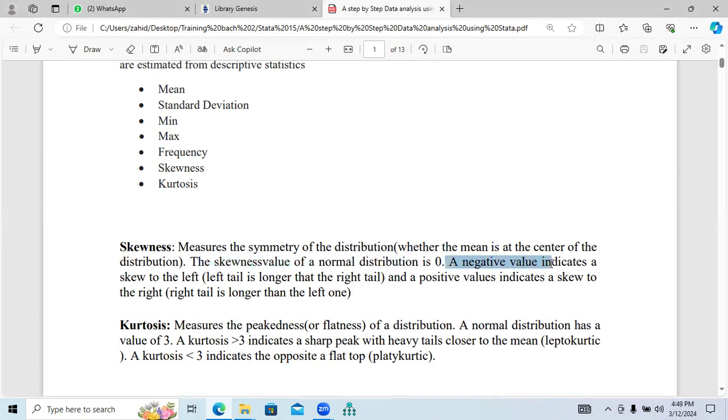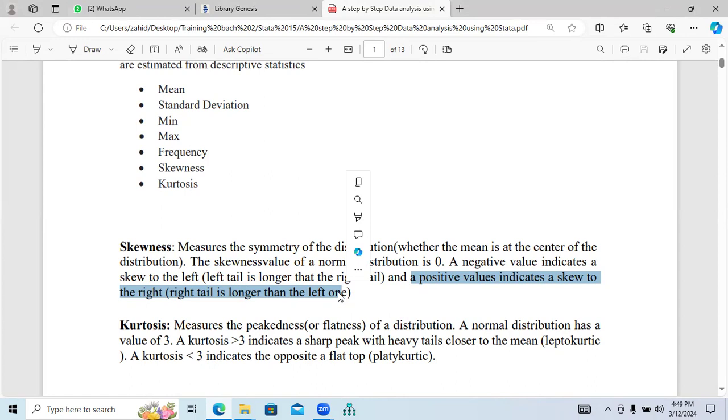While a negative value indicates a skewness to the left, or a longer tail than the right tail, and a positive value indicates a skewness to the right, or a longer tail than the left one. So we can have different interpretations relevant to the different values.